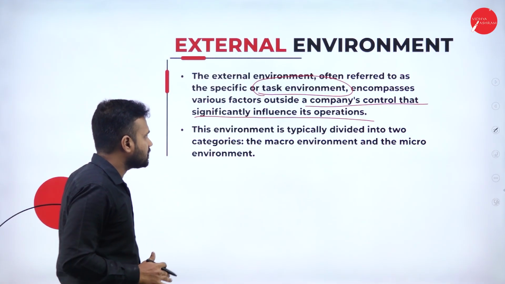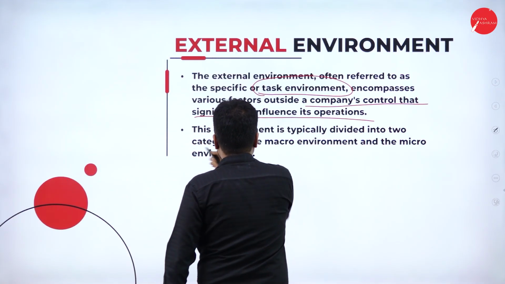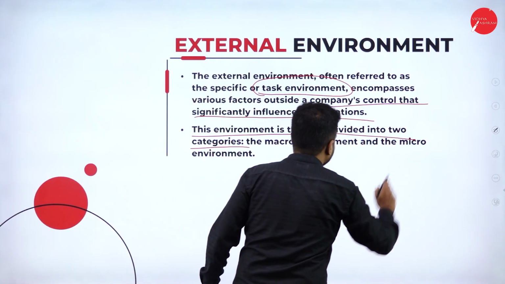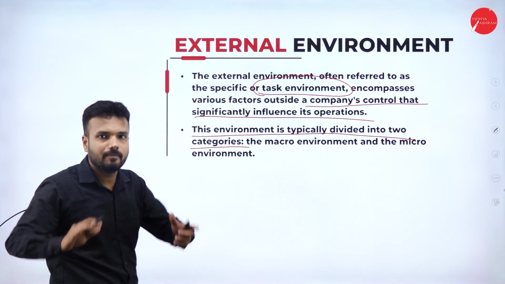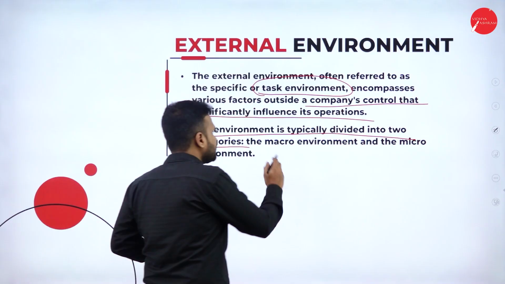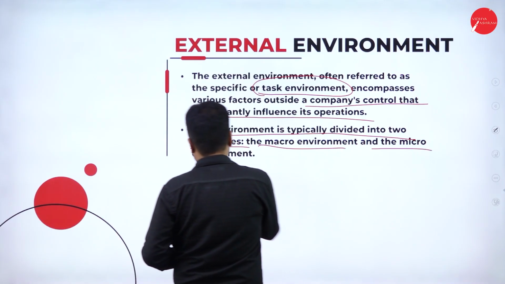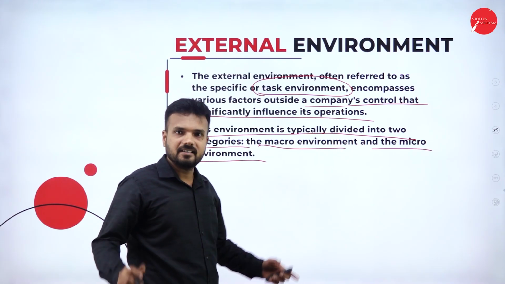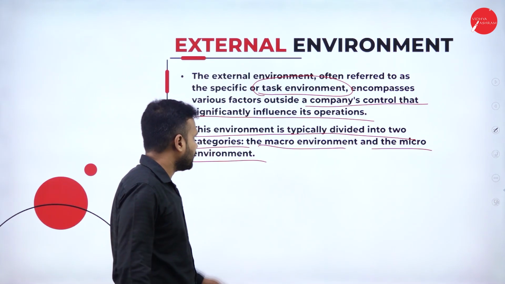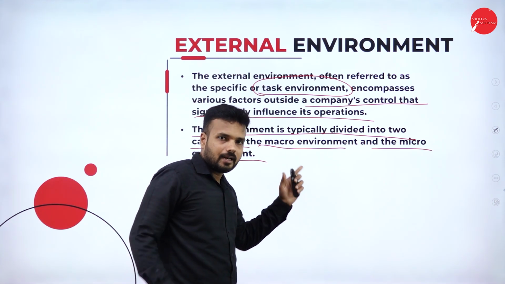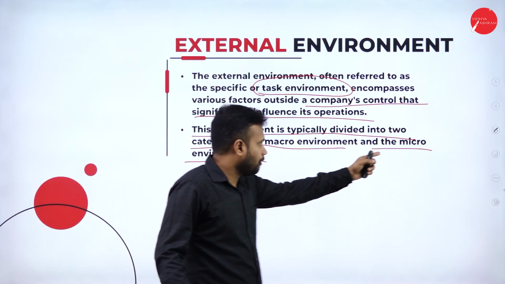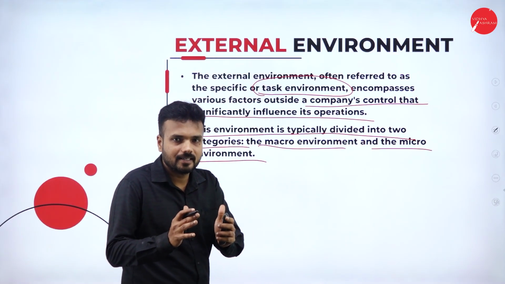This environment is typically divided into two categories. As I said, this external environment is classified into two categories. One is micro environment and second one is macro environment, as I explained in the diagram. Macro environment is big in nature, followed by micro environment, which is small in nature.